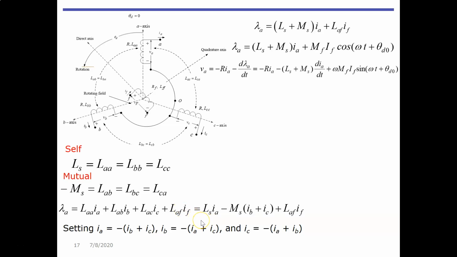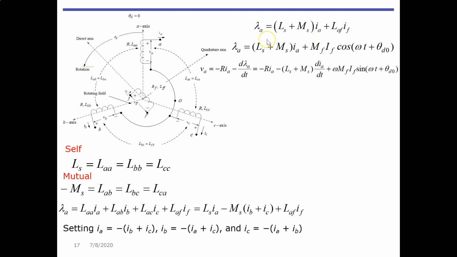As I said above, we now have the Ls for current IA by introducing the Ls here, and we can also introduce the Ms, the mutual, and of course the field. In addition, we can use Kirchhoff's law and insert that relationship. Then we get for the A phase flux linkage: Ls plus Ms times IA, plus LAF times IF.